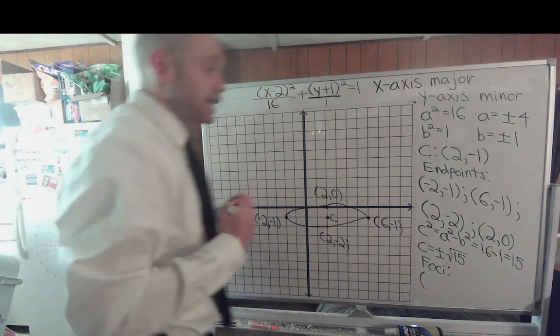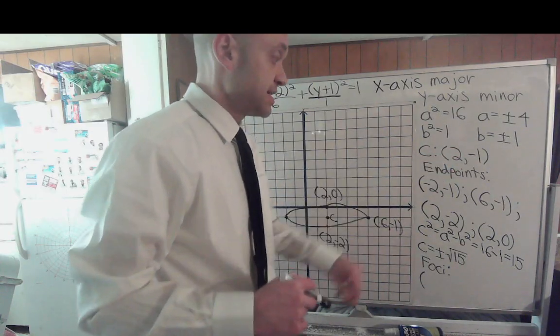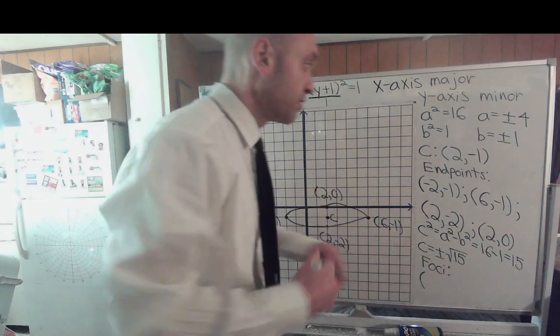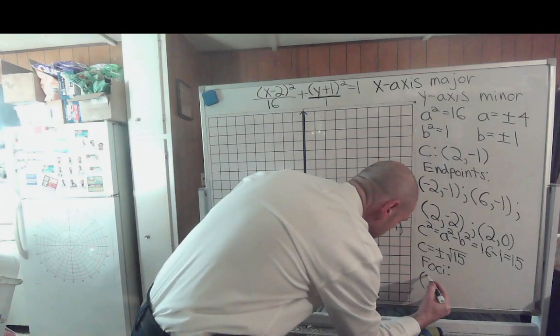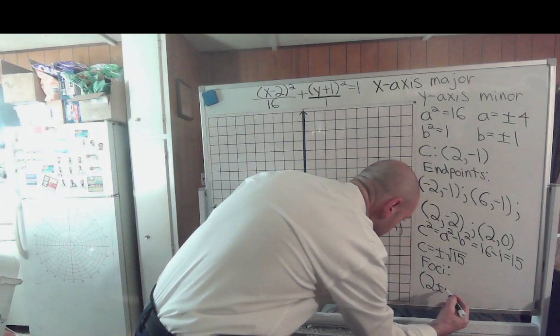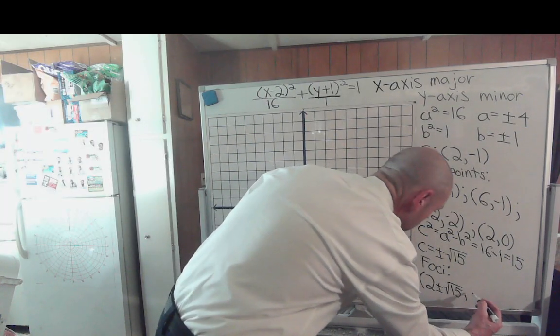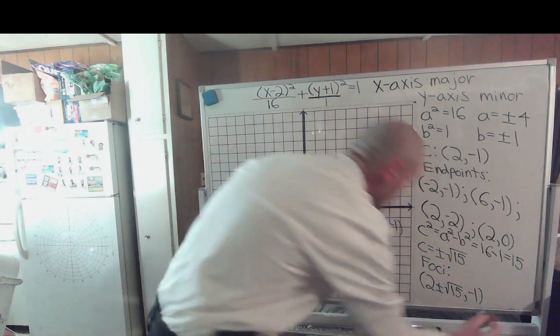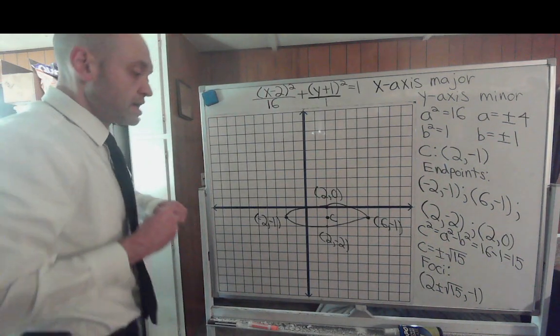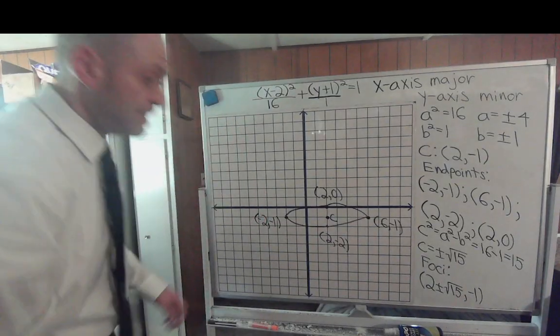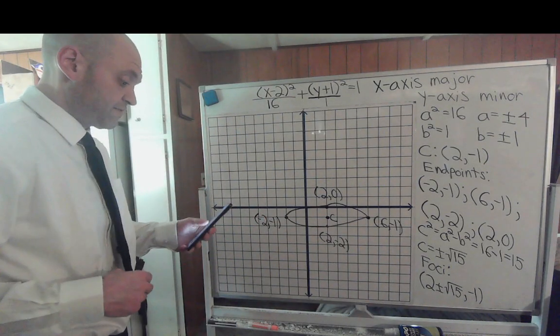So I'm going to take the x-coordinate of the center, add and subtract that square root of 15. So those can be found at 2 plus and minus the square root of 15. Then I leave my y-coordinate of negative 1 alone. So there's my foci. Let's see exactly what I get from my foci.